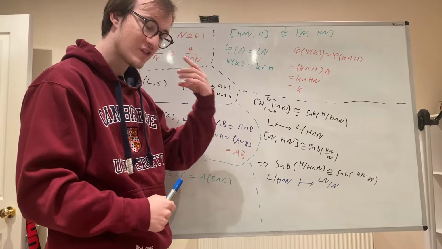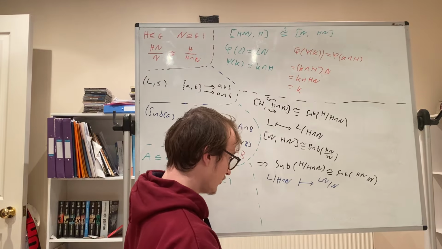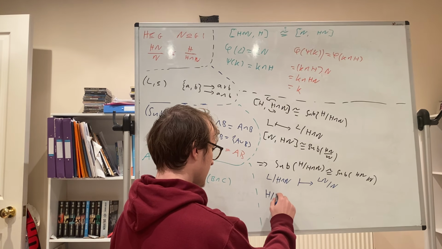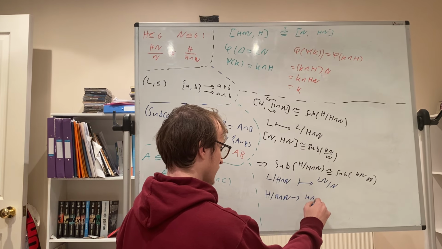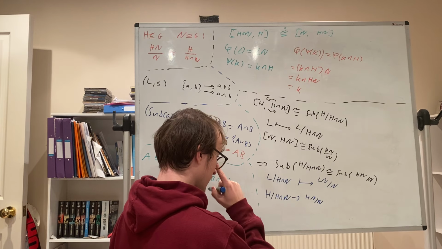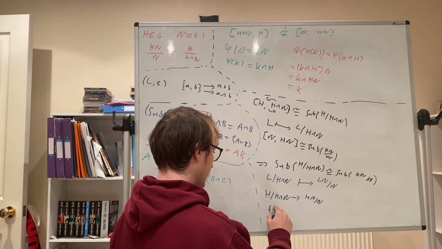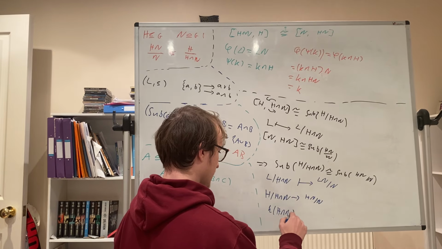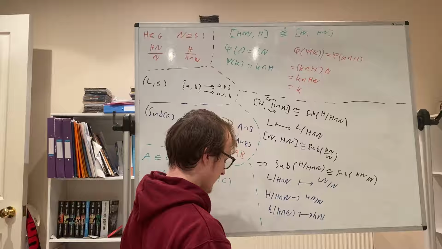What you have to notice now is this map here is induced by the map from H mod H intersect N into HN mod N, which sends some coset H intersect N to HN, like this.